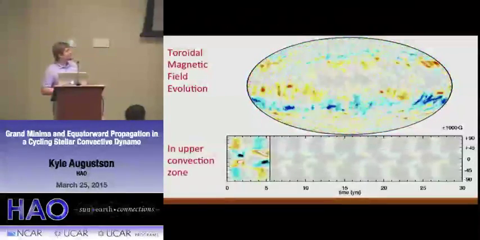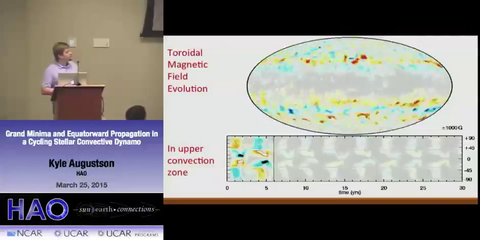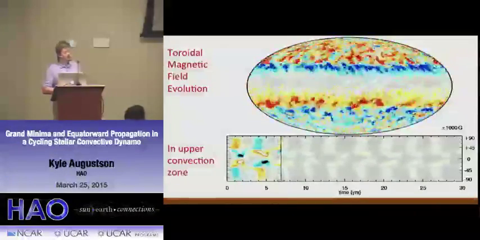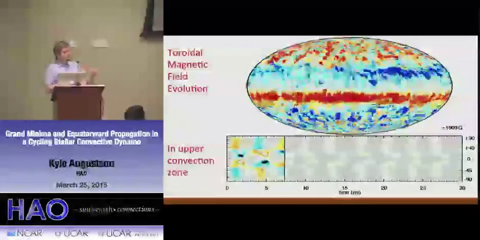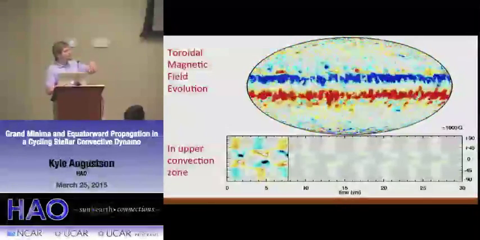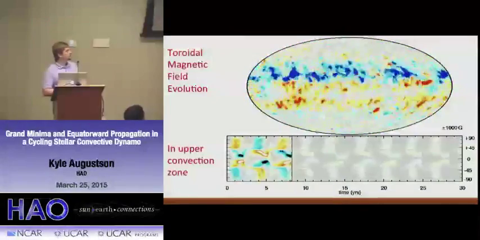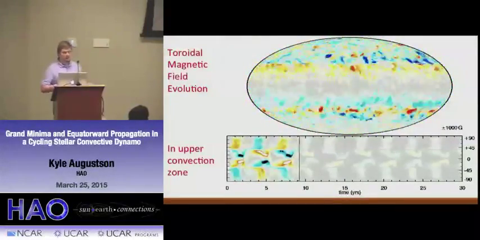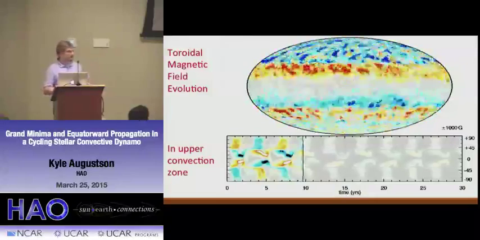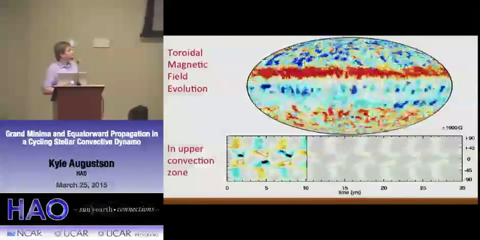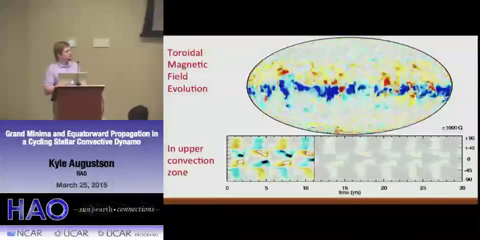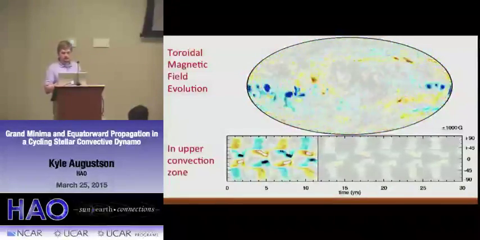In this case, you're building large-scale, fairly axisymmetric structures on the edges near the tangent cylinder, where the shear gradient in the differential rotation is largest. As the cycle proceeds, this moves to increasingly low latitudes as the local differential rotation is reduced. You also get these polar caps that are related to the spin-up of the polar regions, which you saw in those torsional oscillations.